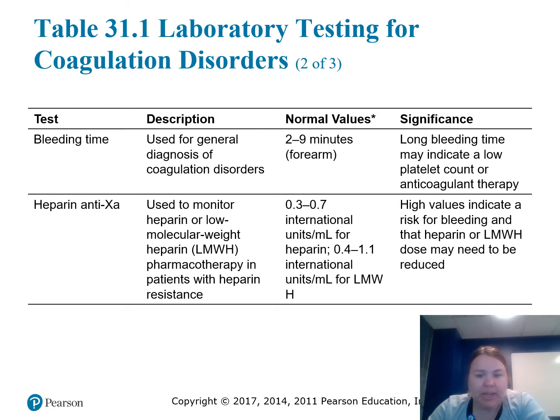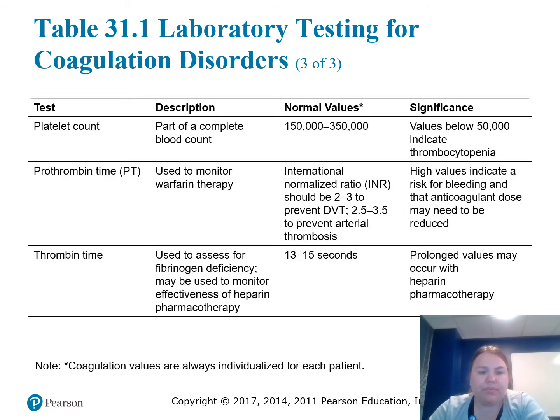Long bleeding times may indicate a low platelet count or that they're on anticoagulant therapy. Now there's heparin anti-Xa, which is used to monitor heparin or low molecular weight heparin. That's especially used if they have a PE or a DVT. Now we have our normal values, and again, high risk for bleeding if there are high values.